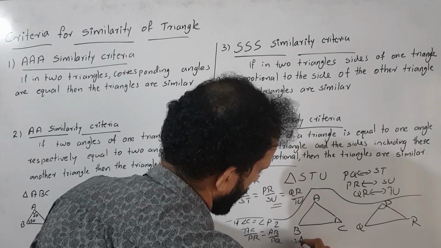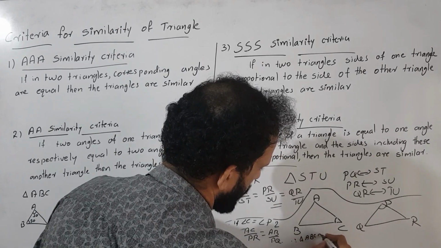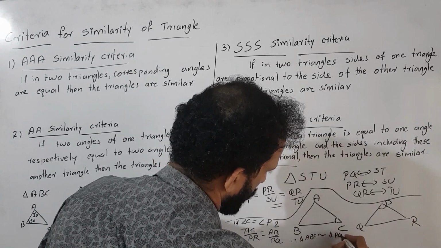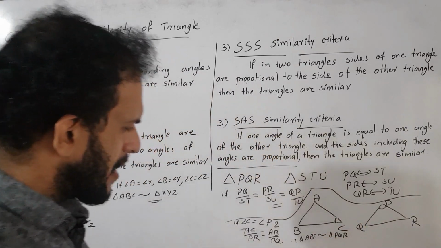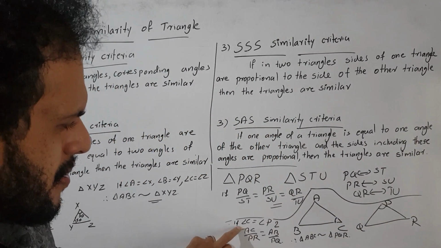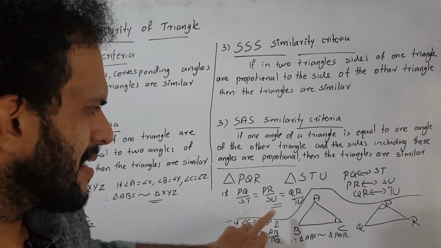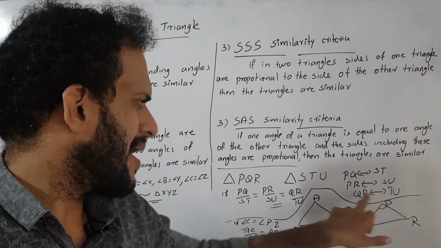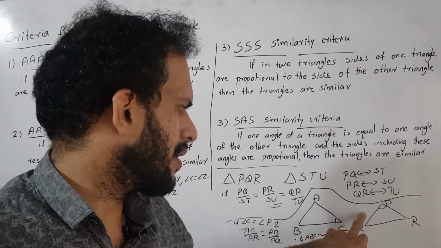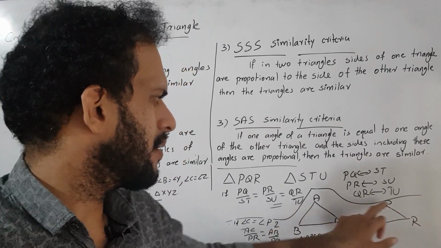Therefore, triangle ABC is similar to triangle PQR. Sometimes we do not get it like this. Sometimes the ratios of AC and PQ are equal to those of AB and PR.